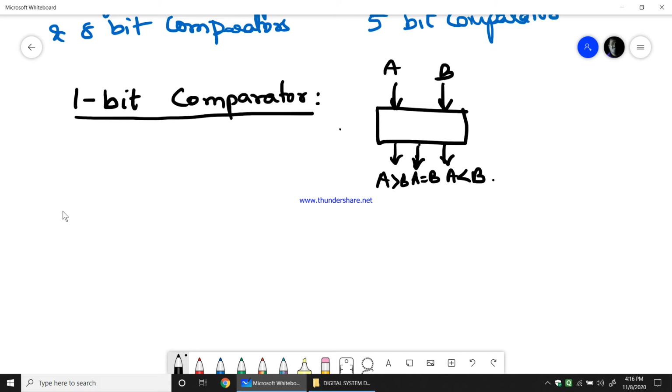Now we'll see the truth table for the 1-bit comparator. Let us write the truth table first and then we'll see how to design it.